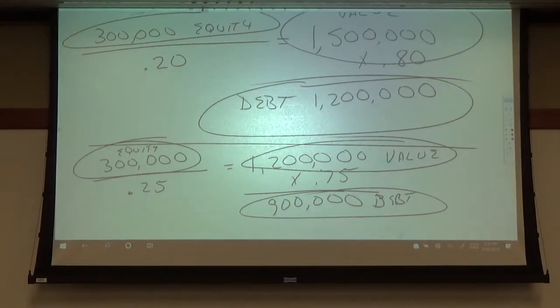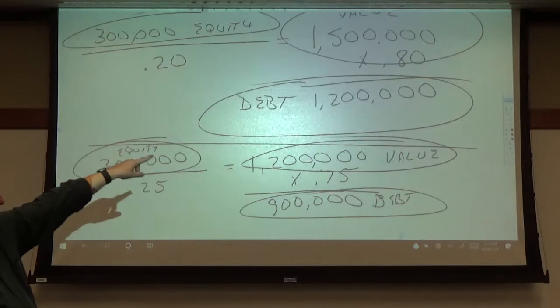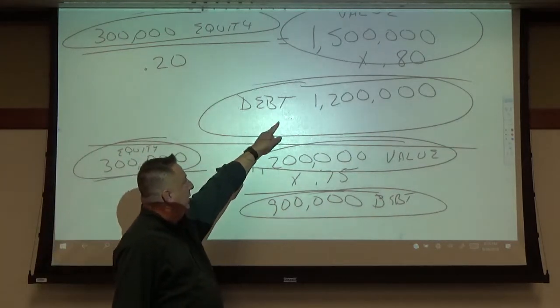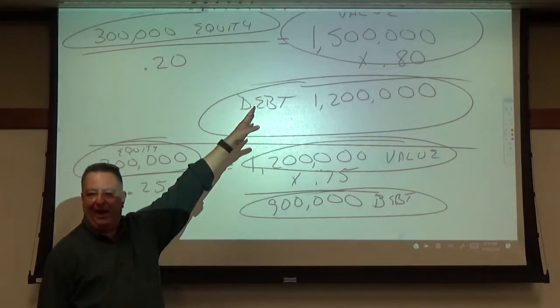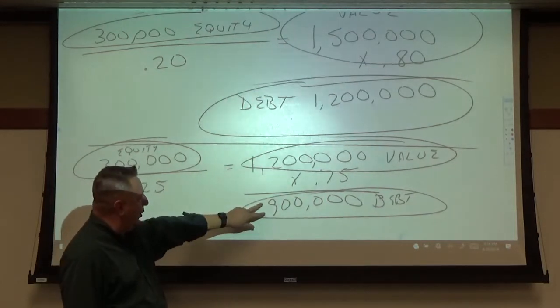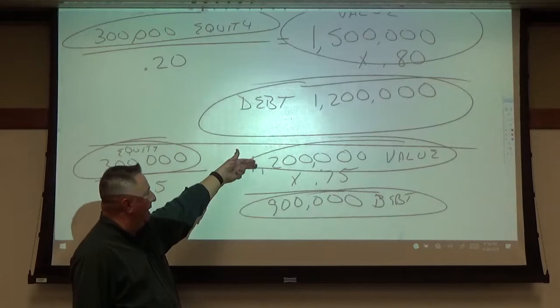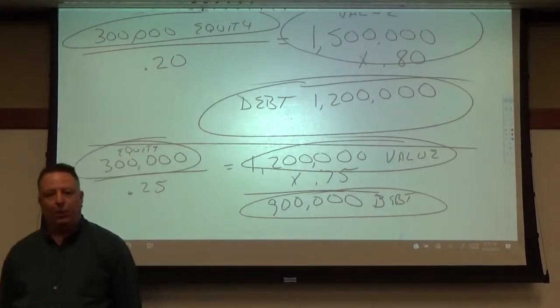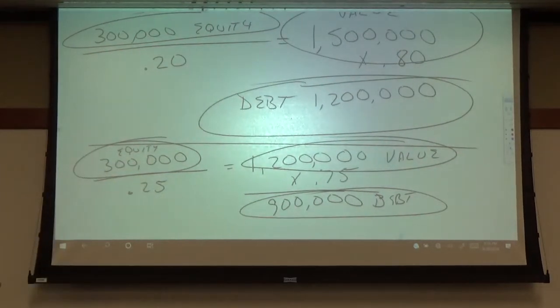You go from being able to borrow 1.2 million or buy a property worth 1.5 million to only being able to borrow 900,000 with the overall value of the property being 1.2 million. In other words, that's a $300,000 difference in the value of the property. Is that not significant?